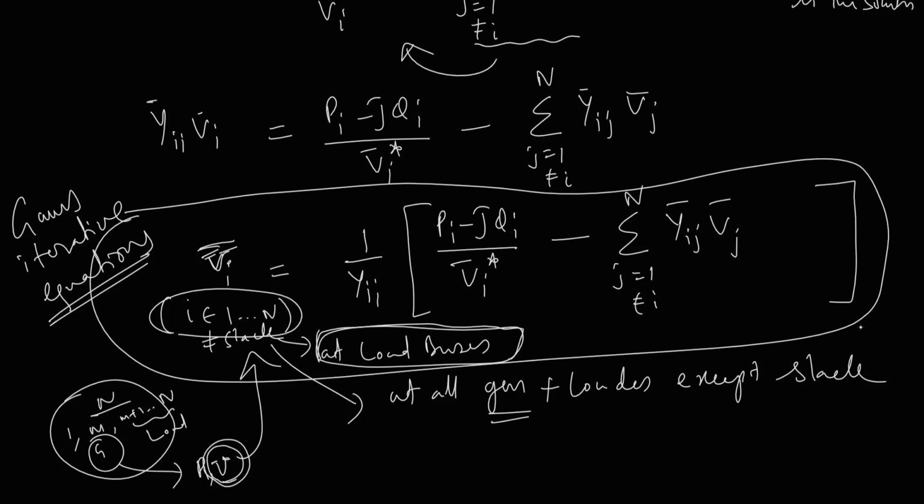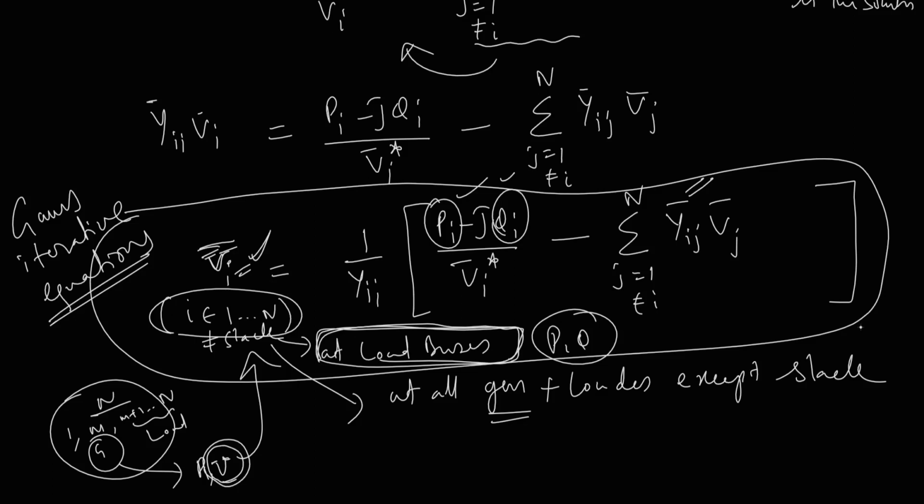Now at load buses, as I said, P and Q are specified. So at all load buses, P and Q are specified. There is no other ambiguity. All P and Q are specified at load buses, and all admittance values are known and voltages are known. So we can calculate straight away the voltage at PQ buses.